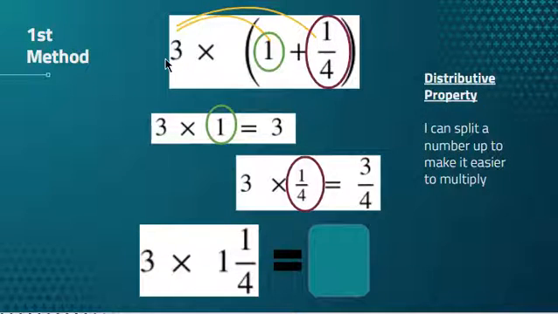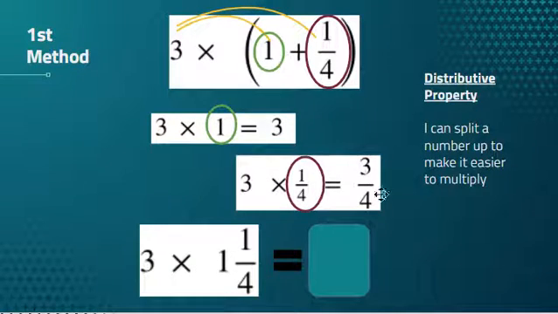Well, I would take 3 times 1, because that's my whole number that I'm dealing with here for my mixed number, and I end up with 3. And then I take that same 3 and I do 3 times 1/4. So here I have 3 times 1/4, and I know I'm only multiplying across the top to my numerator, and I end up with 3/4.